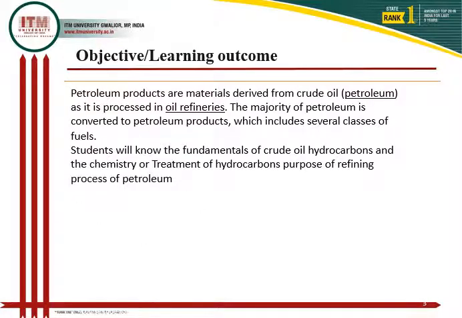The objective or the learning outcome of this lecture: the petroleum products are those materials derived from the crude oil and processed in the oil refineries. So for the refining process, we should know the fundamentals of the crude oil hydrocarbons and the chemistry of the hydrocarbons to understand its treatment and the removal purpose in the refining.